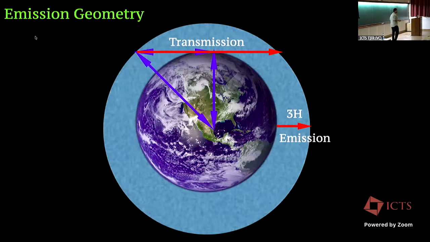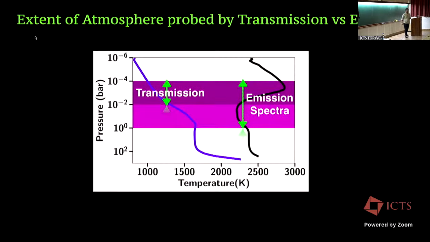This leads to a very important thing. In the transmission geometry, we cannot probe much deeper into the atmosphere, because it has to travel such a large path length that as you go lower, the planet's atmosphere becomes opaque. But in emission spectra, the radiation itself is emanating and the path length it has to travel is not much.